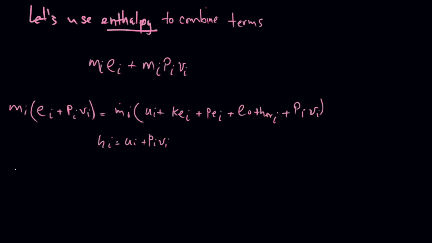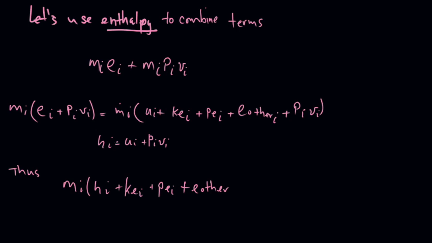So therefore, thus, we have that m dot i times (hi plus KEi plus PEi plus E other). So we went ahead and absorbed the flow work. This is an E here. We combined the internal energy plus the flow work.